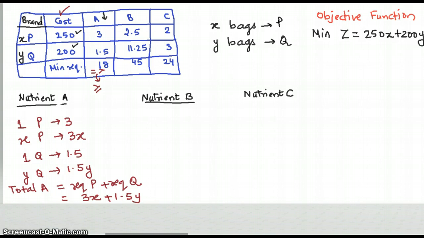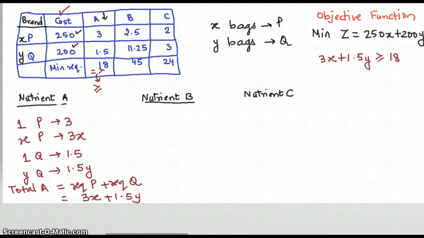So the constraint for nutrient A becomes 3x plus 1.5y is greater than or equal to 18. So we will write down this constraint here. Okay, let's remove it from here.